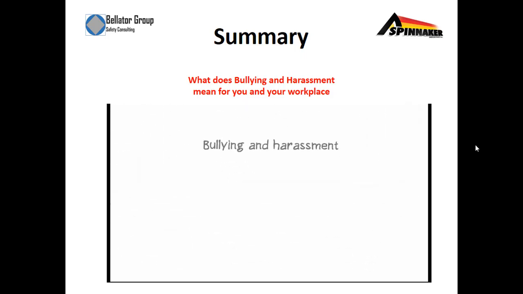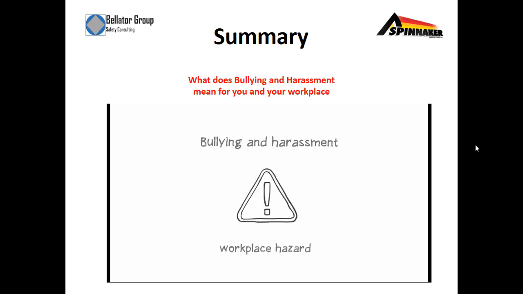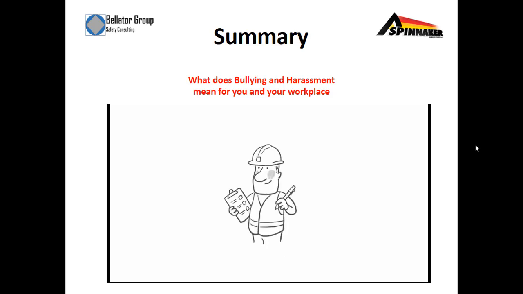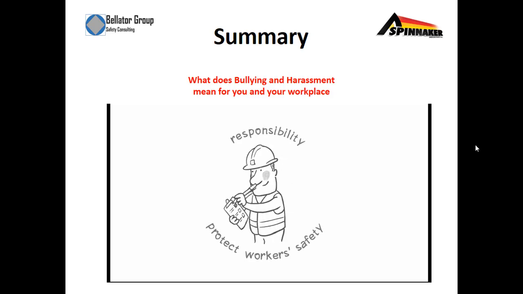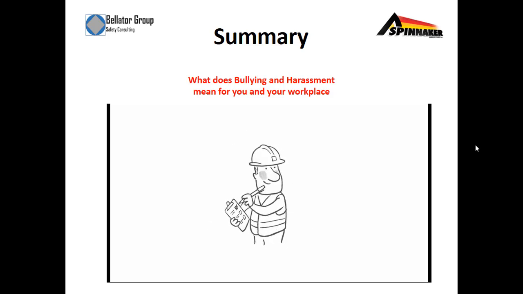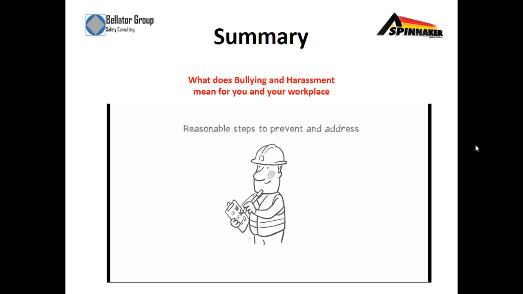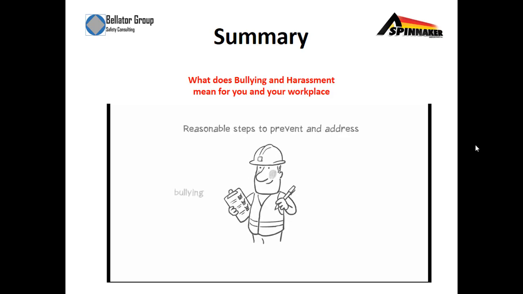The bottom line is, bullying and harassment is a workplace hazard that poses a risk to the health and safety of workers. As part of their responsibility to protect workers' safety, WorkSafe BC prevention officers will inspect workplaces to determine if employers have taken reasonable steps to prevent and address bullying and harassment.